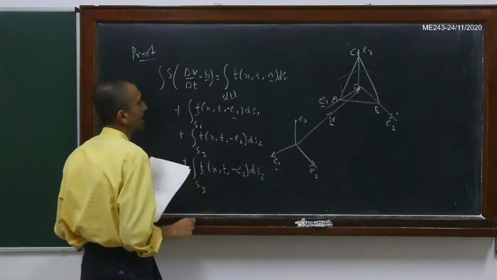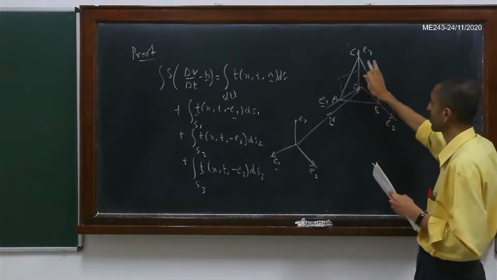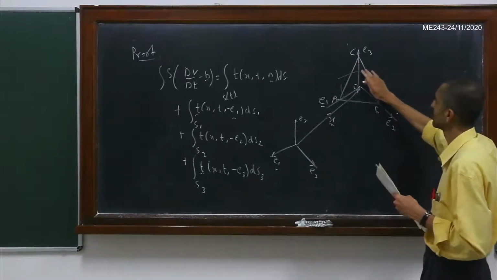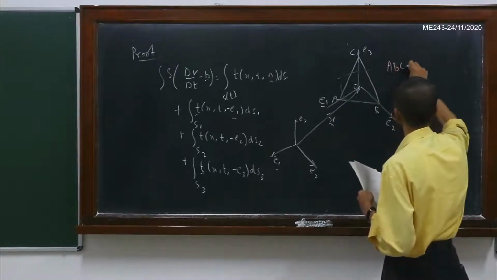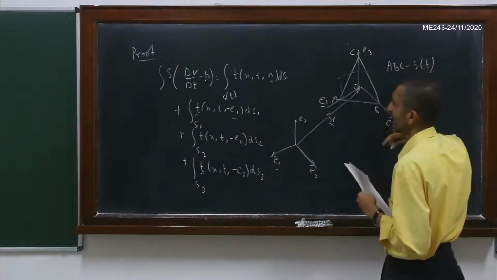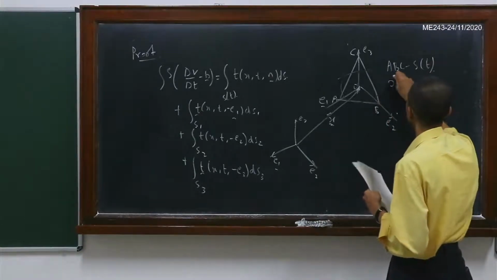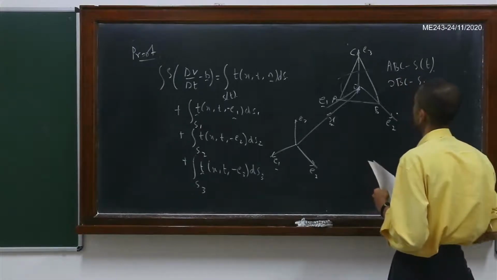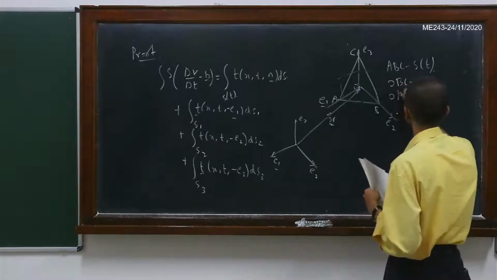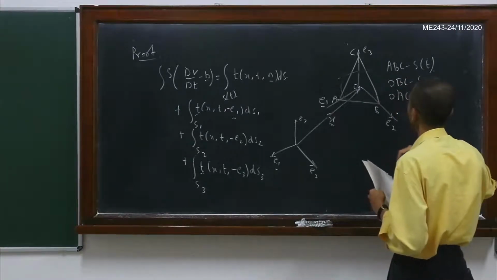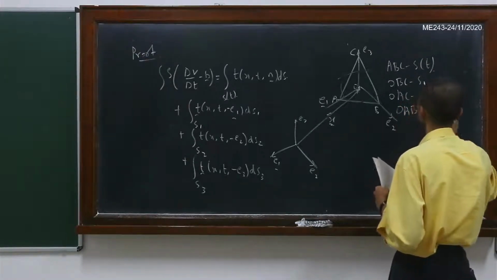This surface ABC, which is the inclined surface of the tetrahedron, I am just calling S of t. Then OBC I am calling S1, OAC I am calling S2, and OAB I am calling S3.